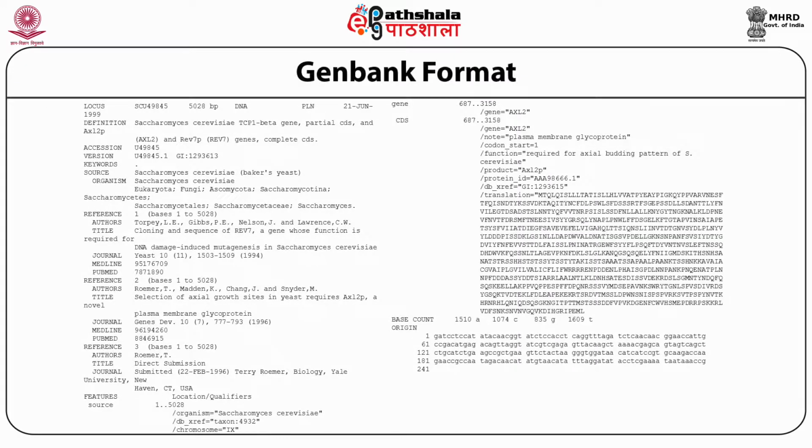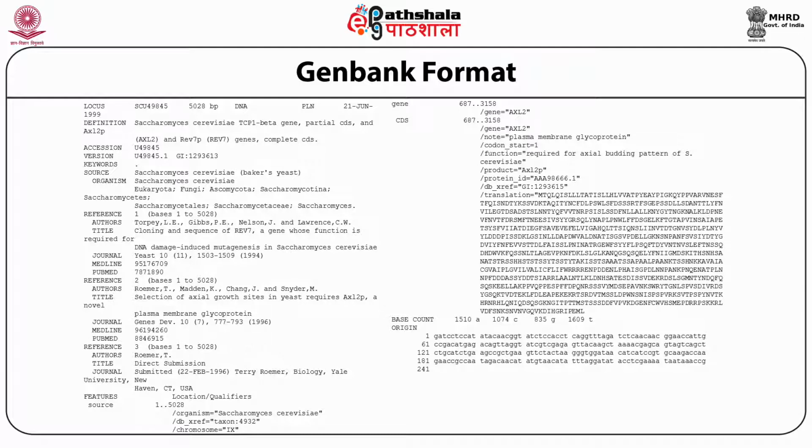You can see another format, the GenBank format, which contains information about the locus of this gene. You can see here a 5028 base pair long DNA, and the organism is Saccharomyces cerevisiae, and the gene is the TCP1 beta gene. Then the primary accession number is given here, then the organism taxonomy.